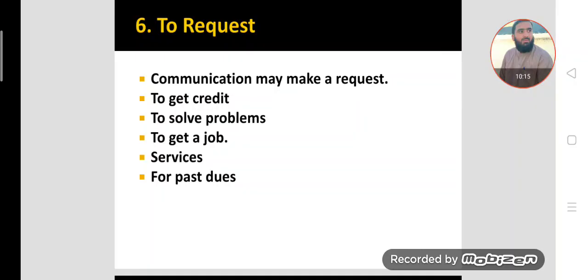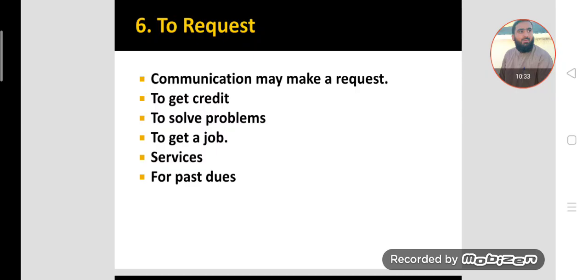When we want something from others, then we request in very formal way to others. To get credit, yes. To solve problems, to get a job, yes. Sometimes we are requesting for a job, for the solution of problems, for services.